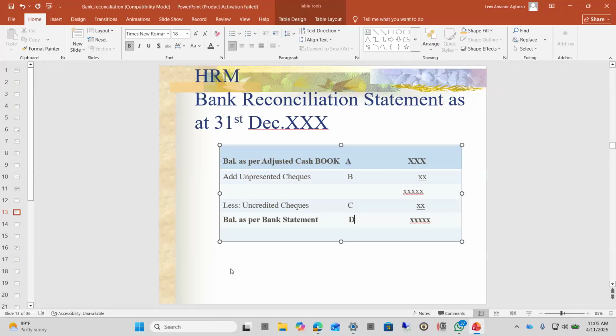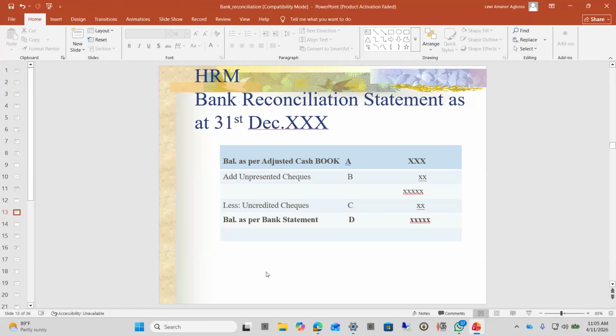Then we less uncredited checks. Okay. Should we put a figure to it? Yeah.